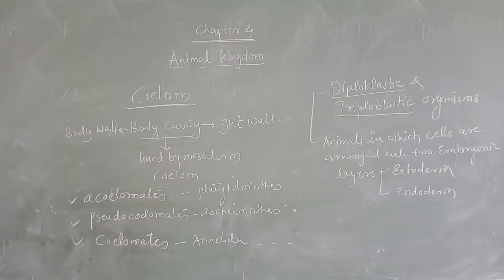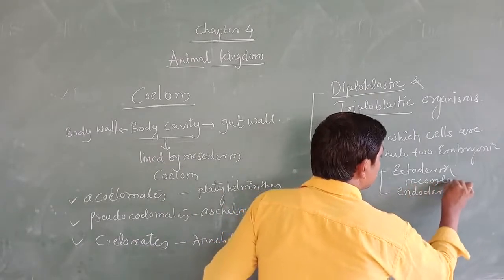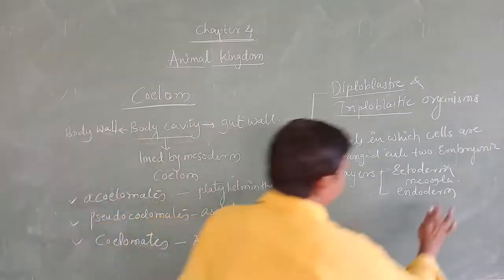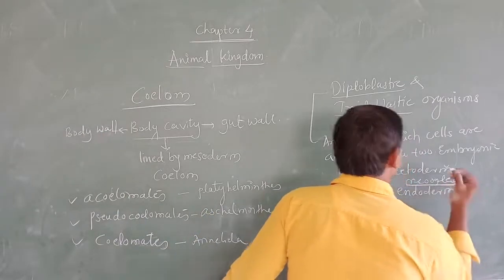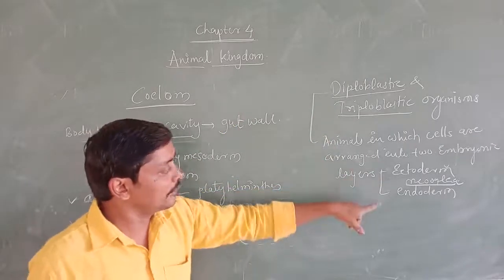In animals whose developing embryo has three germ layers, in between ectoderm and endoderm, you will get mesoglea. What did I write on the board? Mesoglea, undifferentiated mesoglea.